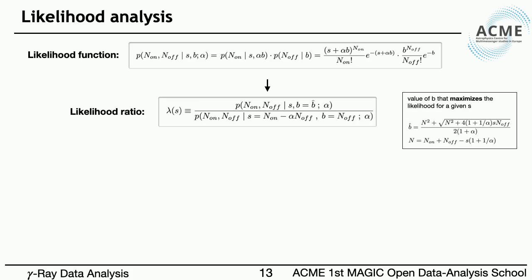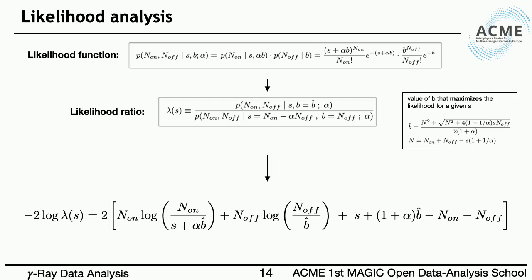And finally, we take the logarithm, the -2 logarithm of this expression. The reason for doing this, which might seem a bit arbitrary, is that according to a well-known theorem of statistics, called the Wilks theorem, this variable, -2 log lambda, is a chi-square variable, which can then be used for performing our inference analysis over S, the signal strength.